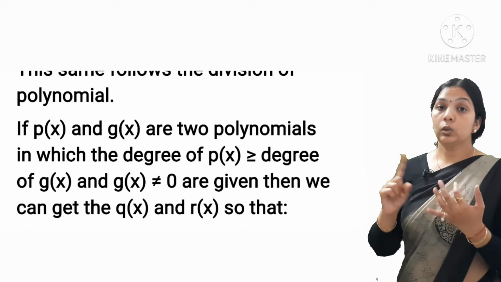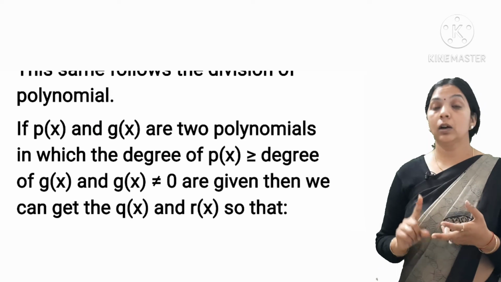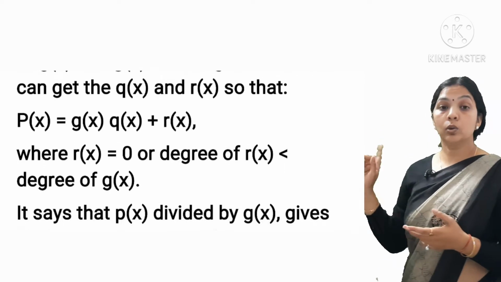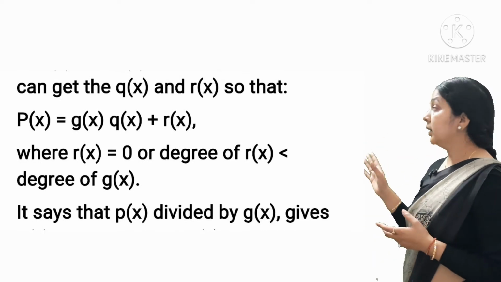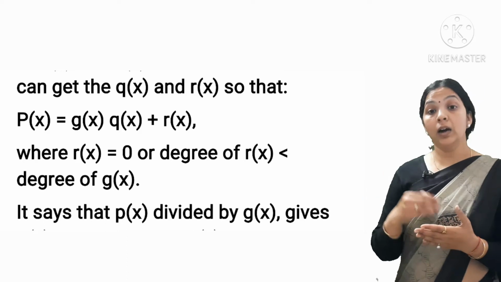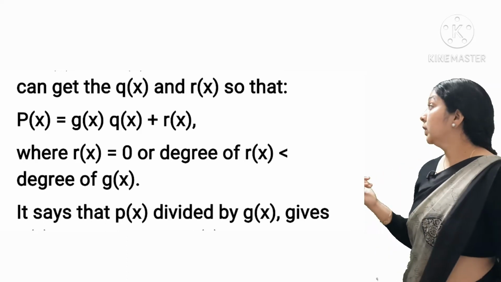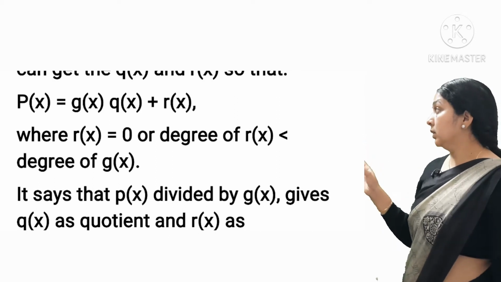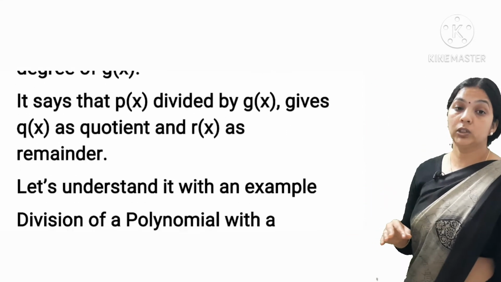Okay, so p(x) is the dividend, g(x) is the divisor, q(x) is the quotient and r(x) is the remainder. So r(x) could be 0. If r(x) is 0, then the remainder is 0. That means p(x) could be factorized in the form of g(x).